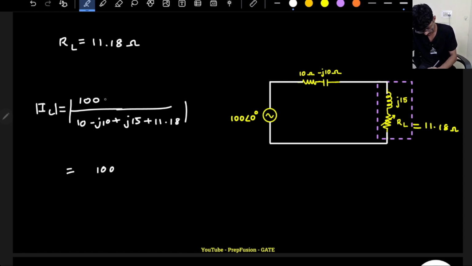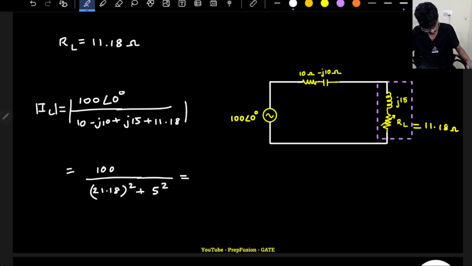So it will be 100, this is 100 angle 0, so 100 divided by 21.18 whole square plus 5 whole square, plus 10 whole squared plus 25, and of course then I have to take the under root as well, right? Don't forget to take the under root as well.